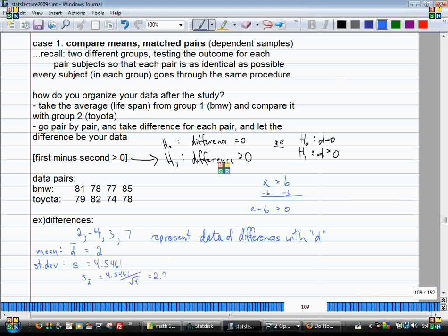So that gives 2.2730. Let me just fill in a reminder of what we're doing: S divided by the square root of n.